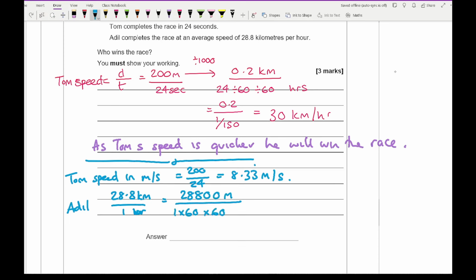So it's going to be 1 times 60 times 60. So it's going to be 28,800 over 3,600, in meters per second. So if I do 28,800 divided by 3,600, I get an answer of 8 meters per second. And as you can see, Tom, regardless of the units, is still traveling faster. So the answer then is Tom.